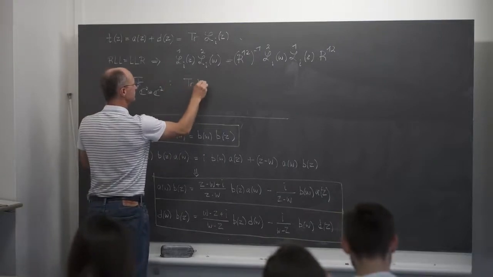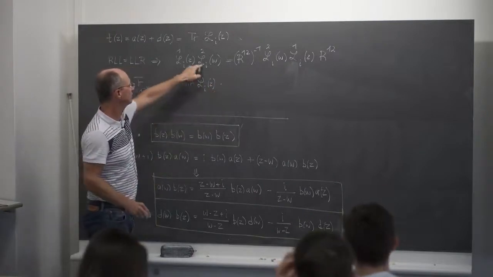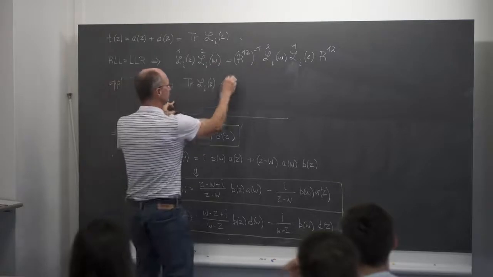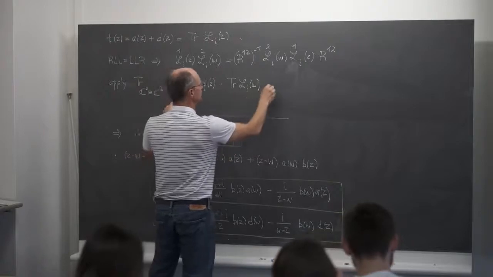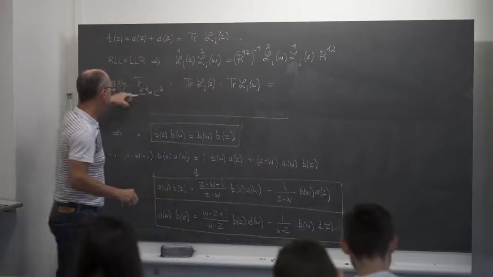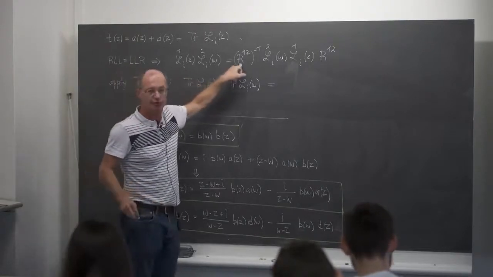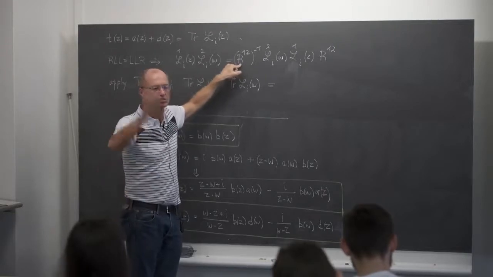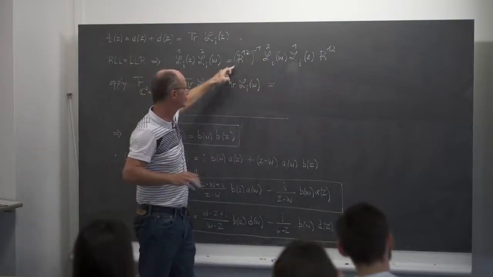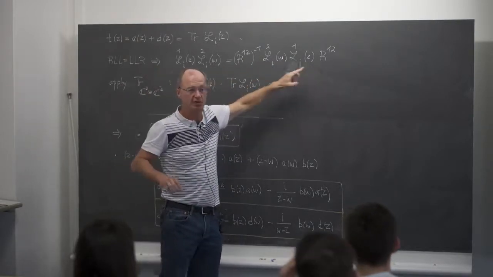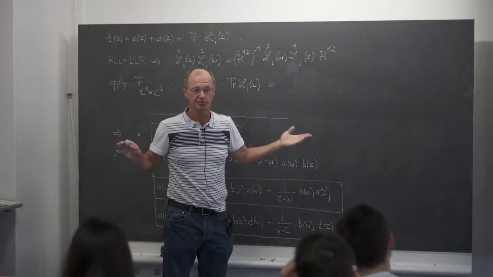You obtain trace L of z, and when you apply it to this one, you get a trace of L of w. Now you take a trace in this four-dimensional space, and notice that the R matrix only lives there. It doesn't do anything to H. So this means that you can use this cyclic property of the trace. And this means that under the trace, these two factors will simply disappear, right?